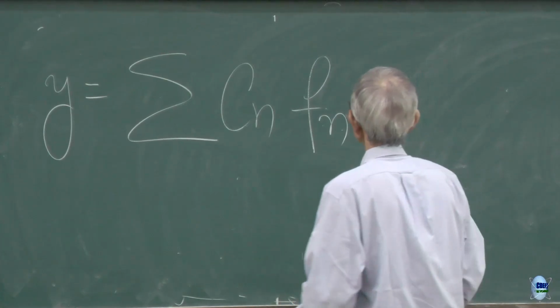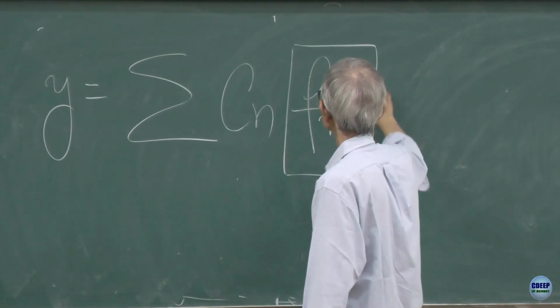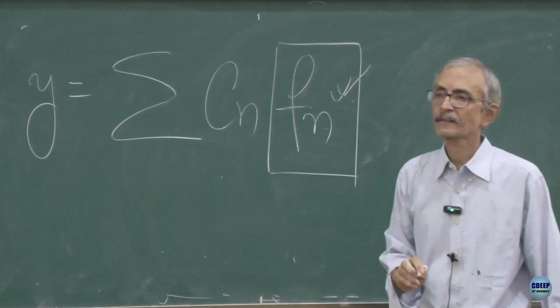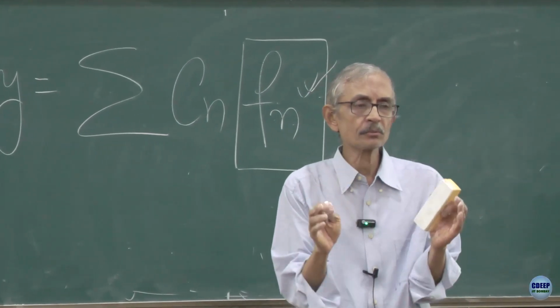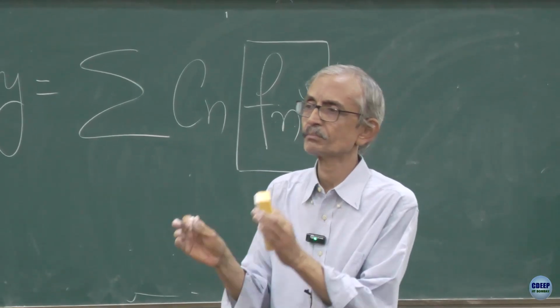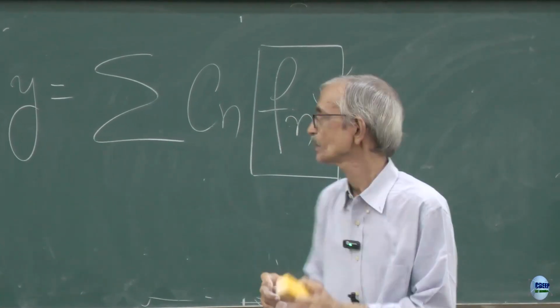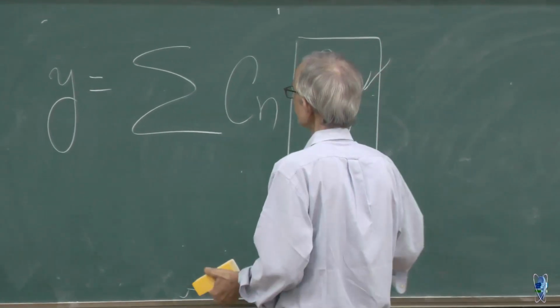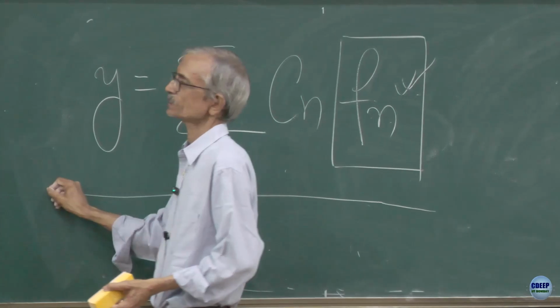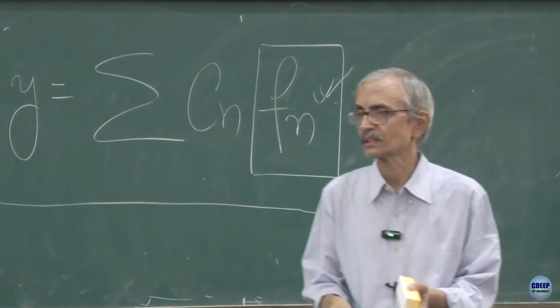Same thing we are doing here, but now this function is the solution to that differential equation, which is in the Sturm-Liouville form. So this appears to be a much more general version of the so-called Fourier series.